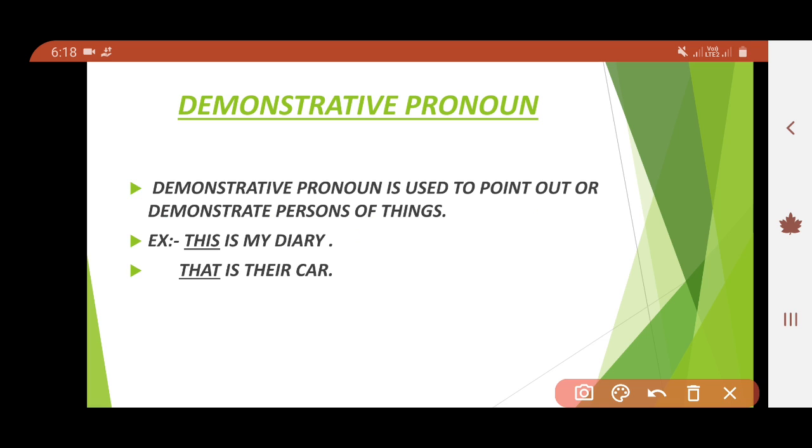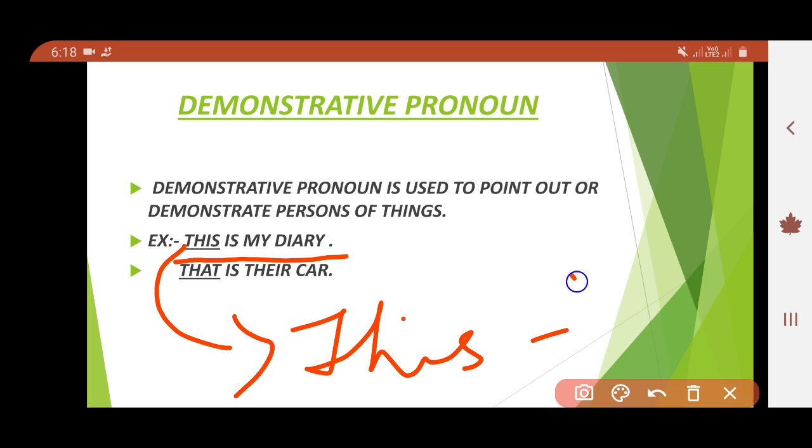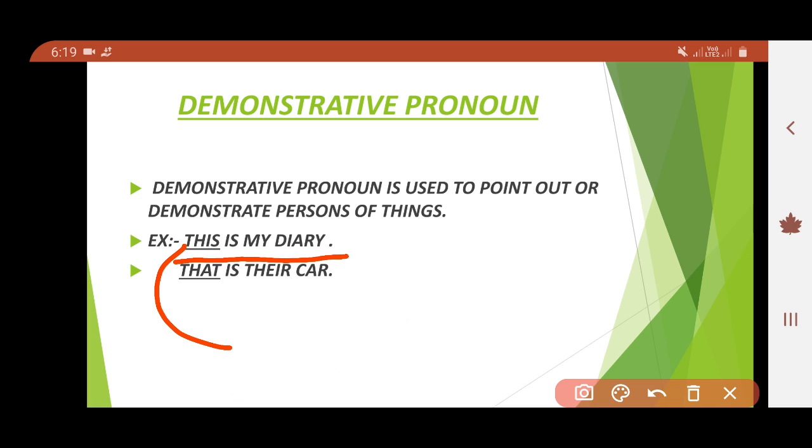This is my diary. Okay, this is my diary. So now here this is a demonstrative pronoun, and this is used here to point out the thing, that is diary.